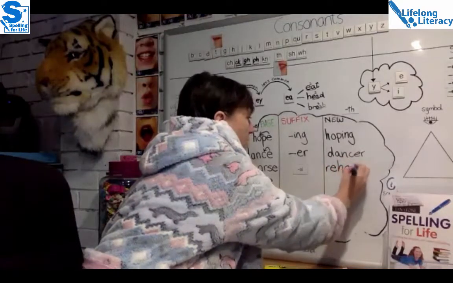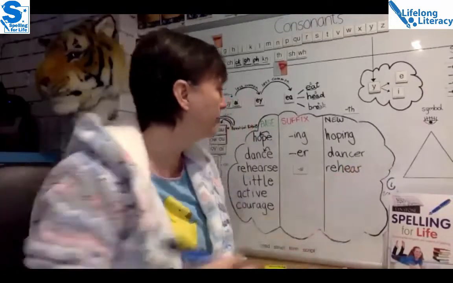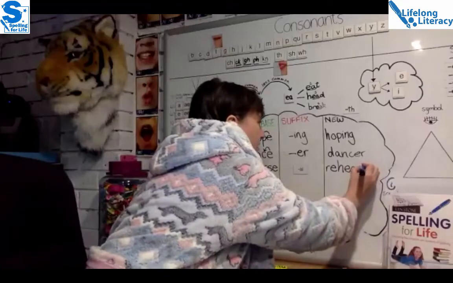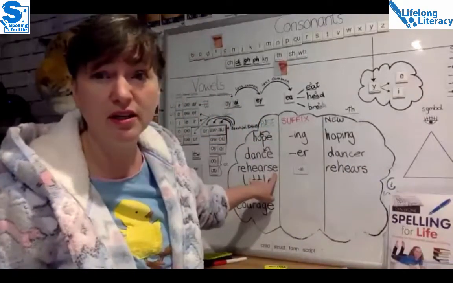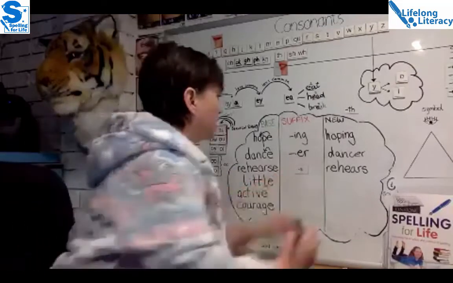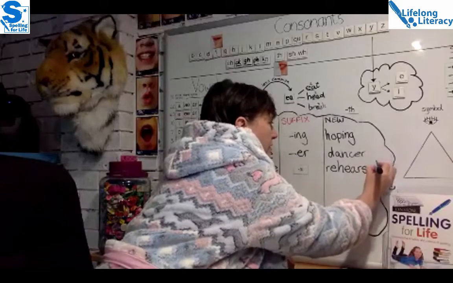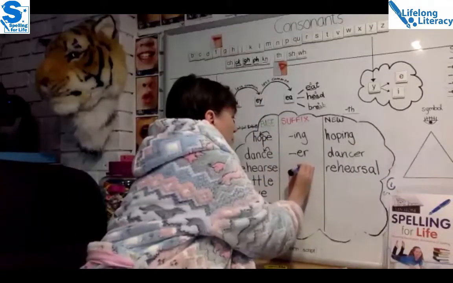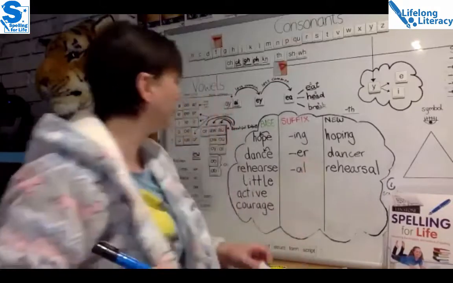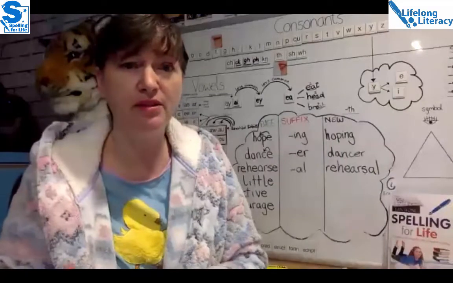An EAR there is making a wicked sister sound. And the big moment, do we keep the final silent E or do we take it away? Well, that's a vowel suffix, so it gets replaced by the vowel suffix. Rehearsal. Boom. Easy peasy, lemon squeezy.